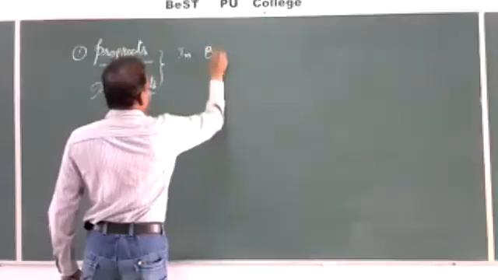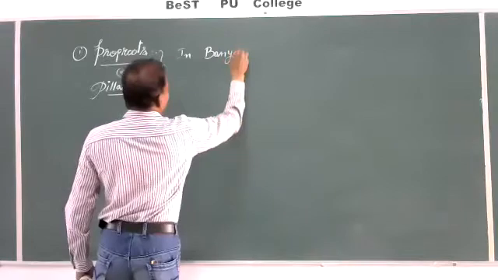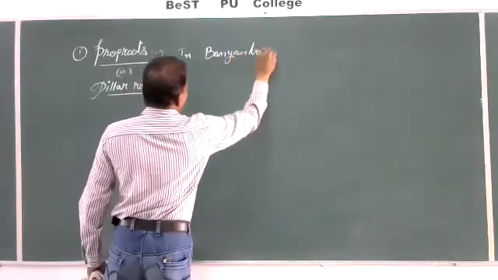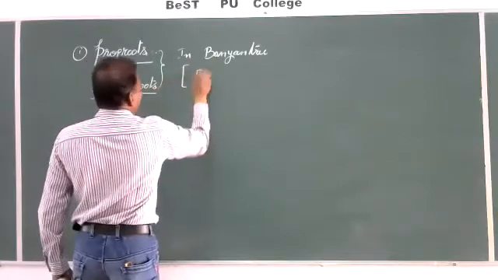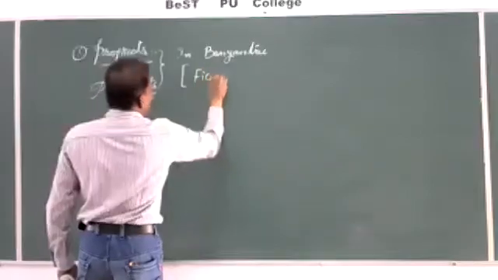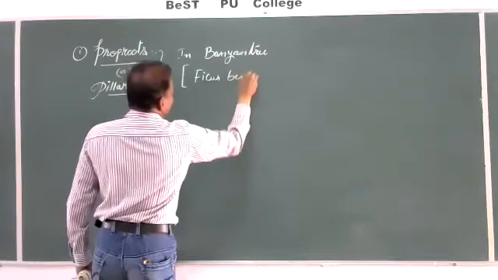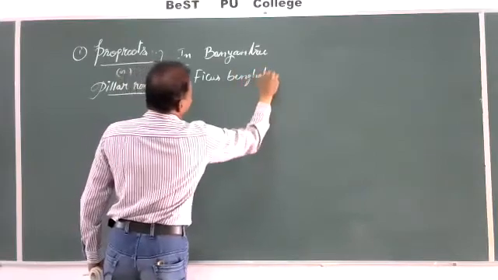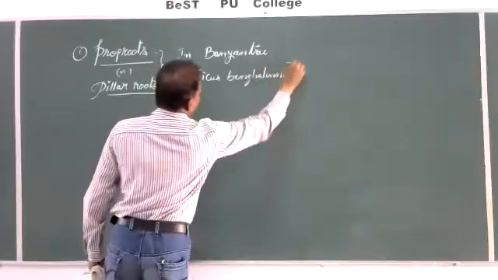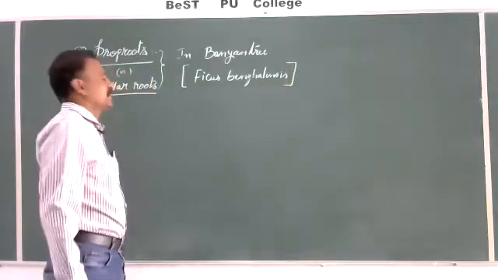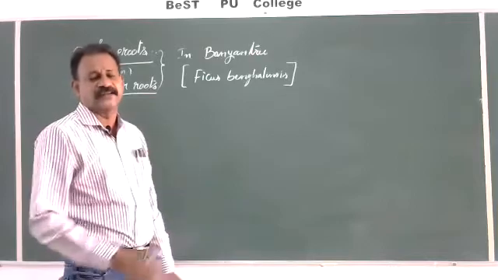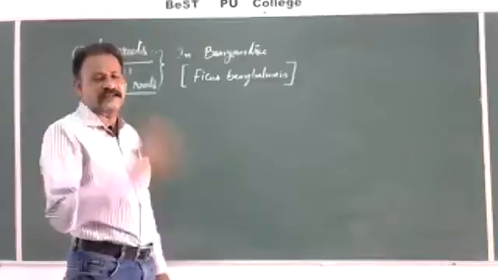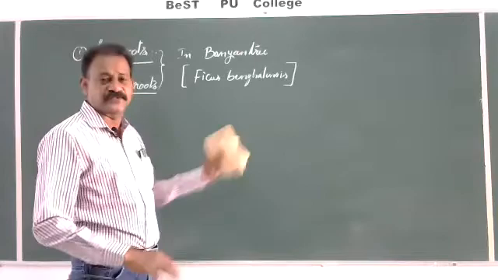In the banyan tree, botanically Ficus bengalensis. In the beginning it will be difficult to remember, but slowly, once you start pronouncing and practicing writing, you will easily pronounce it.